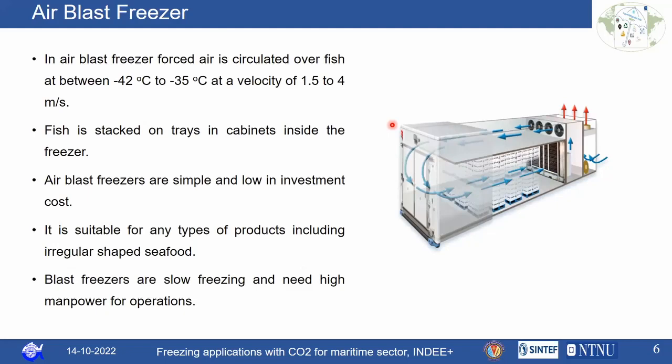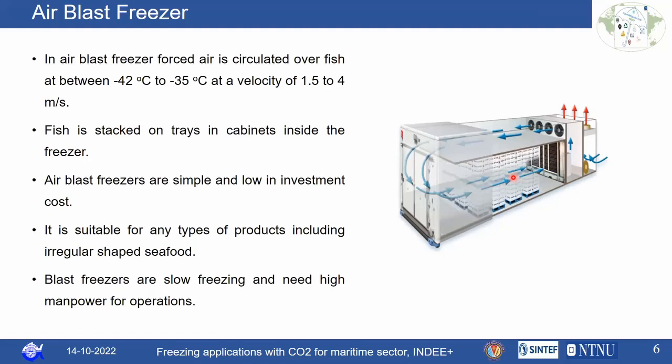freezers. Initially, the first one is the air blast freezer, which is commonly used. Here you can see the image of the air blast freezer. In this air blast freezer, forced air is circulated over the fish at a temperature of -42 degrees Celsius to -35 degrees Celsius at a velocity of 1.5 to 4 meters per second. The fish will be stored inside a tray and pushed inside this freezing compartment.